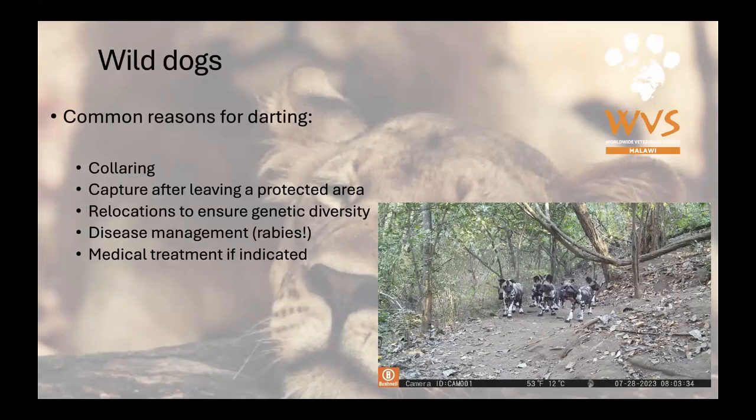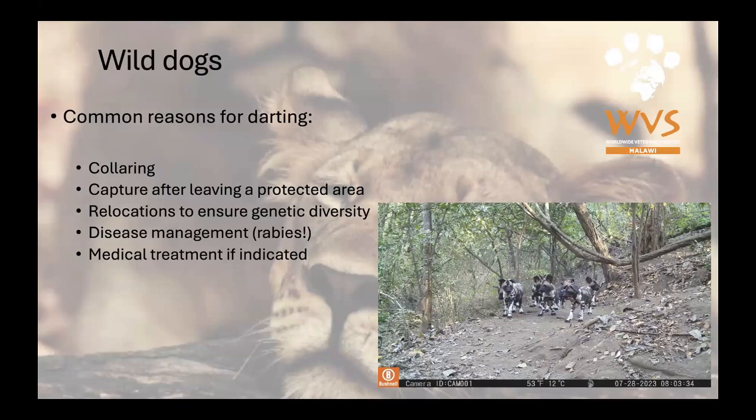Rabies is a major threat to wild dogs because of their social hierarchy and the way they live with each other. They regurgitate food for the youngsters, they lick each other, and everything that one wild dog does, the other one has to do as well. So there is a high risk that the saliva will transmit the disease to the entire pack.